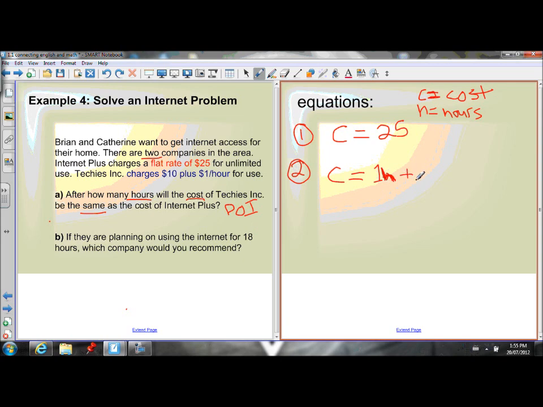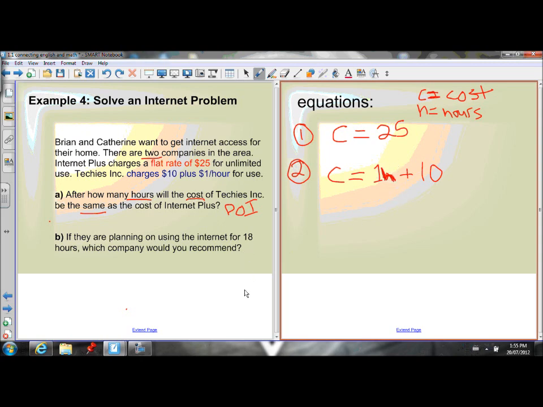So the cost of the second company depends on how many hours the person uses the internet for. The first company doesn't depend on hours at all. It's just 25 bucks. So we want to figure out after how many hours the cost will be the same. So how many hours will it take to get this company to cost $25? That's what this question is asking us.